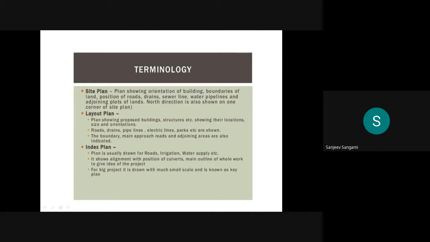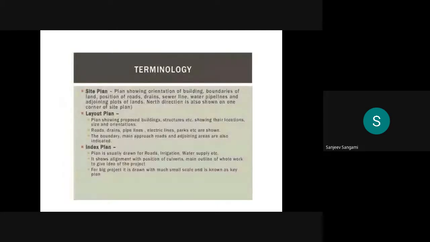Most of the time we commonly use the layout or the drawing. Sometimes you will use it, and there you have to show all the things, but each has its own specific meaning. Whenever you are executing large project works, it is better to use a proper word for each of the items.